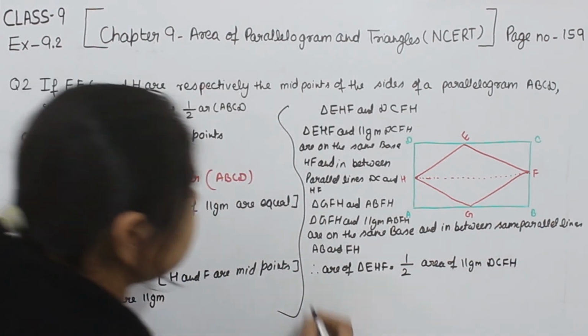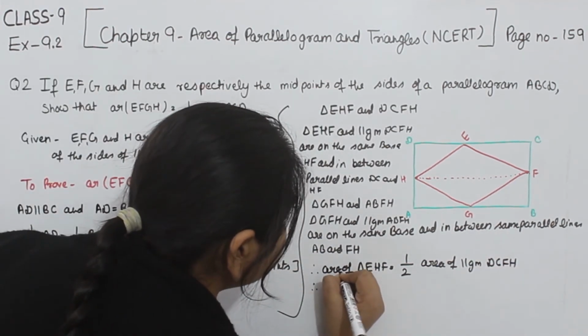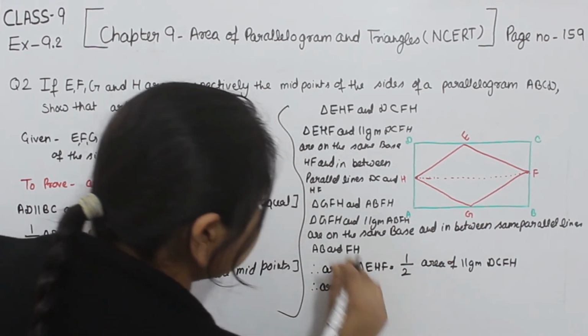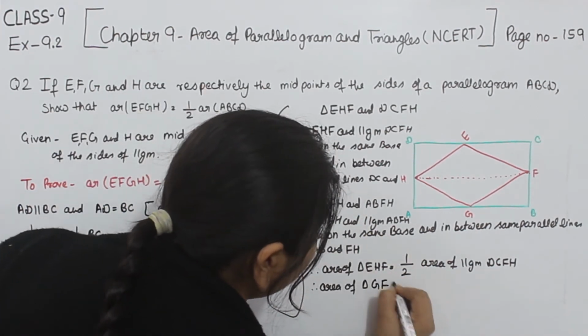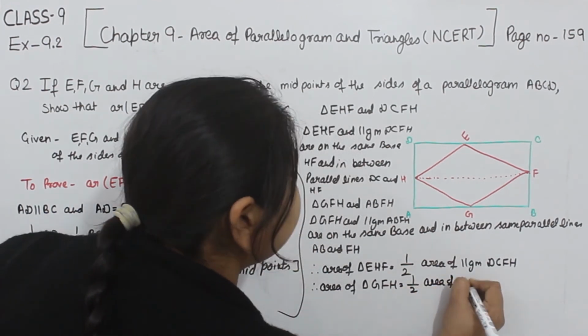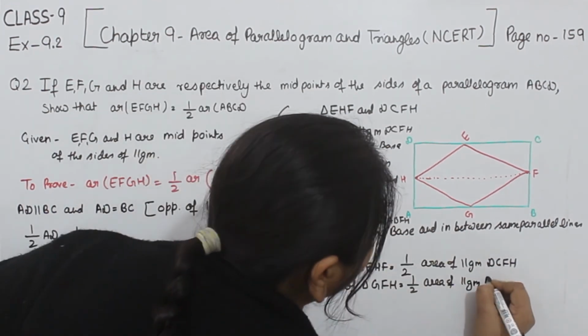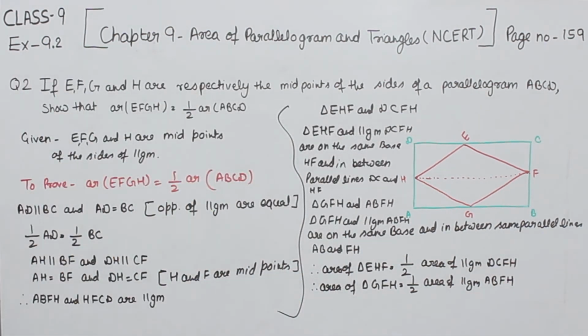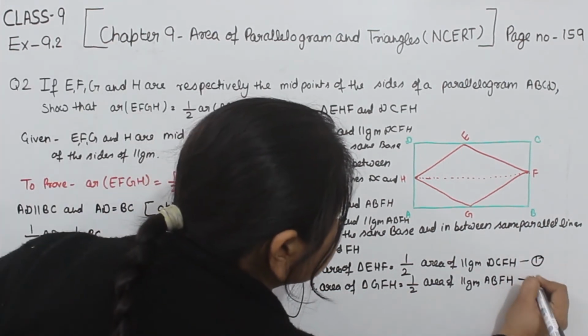This is the first one. Now comes the second one. Area of the second triangle GFH is equal to half of area of parallelogram ABFH. Now we know this thing. So this is equation number 1 and this is equation number 2.